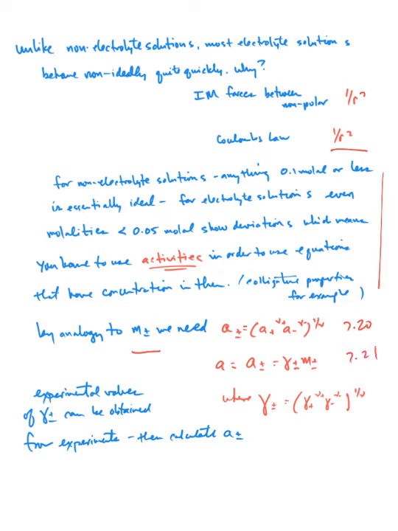So the mean ionic activity is going to be a term that takes the activity of each ion raised to its power, how many there are of each, and using the definition of the activity coefficient, these can be combined.